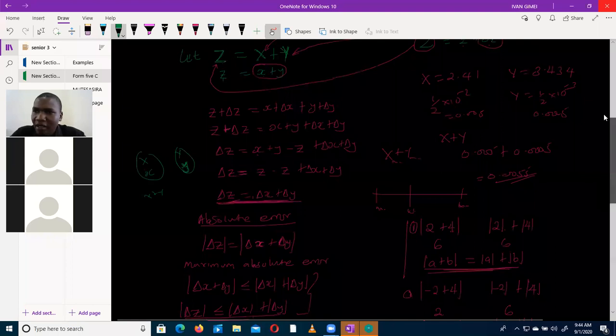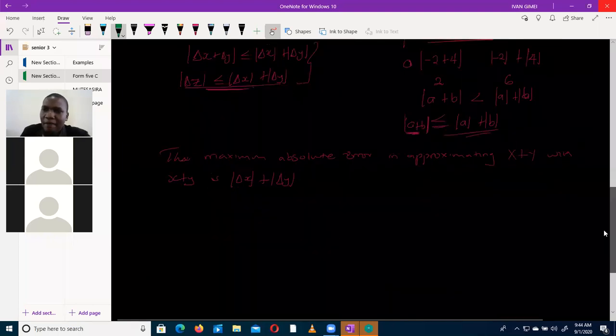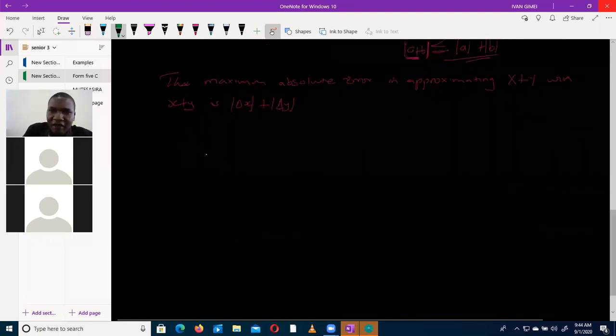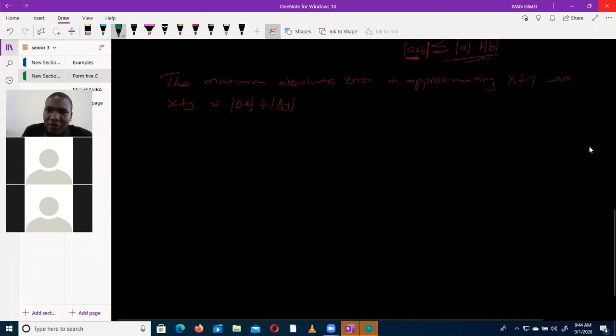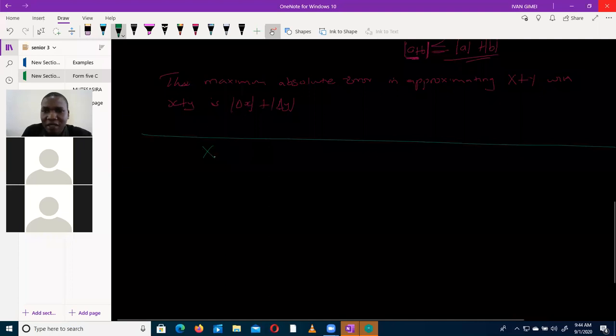So what are we looking at here altogether? We're saying you're going to measure values. Let's say you have a value, capital X. Maybe this capital X is too long and you round it off, you approximate it, and you write it as small x.